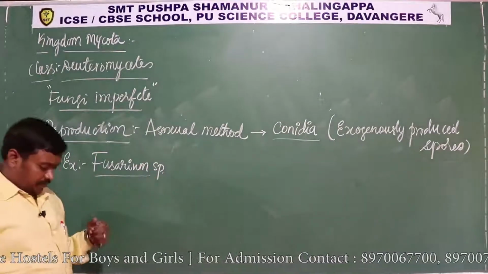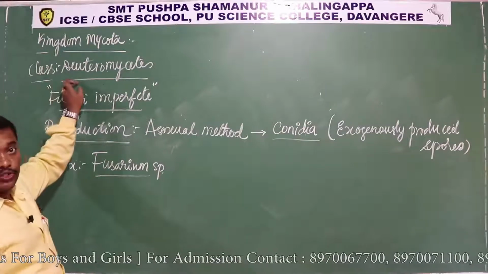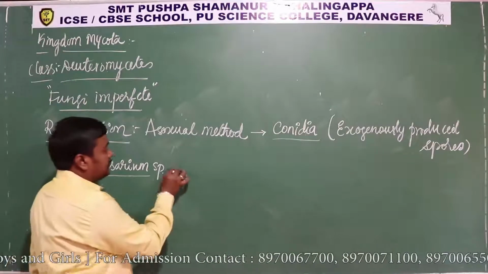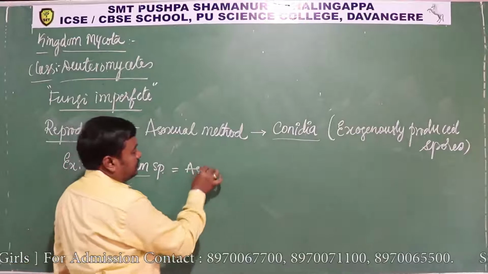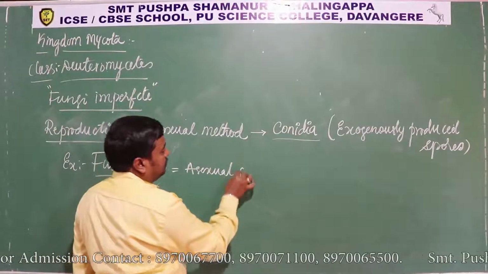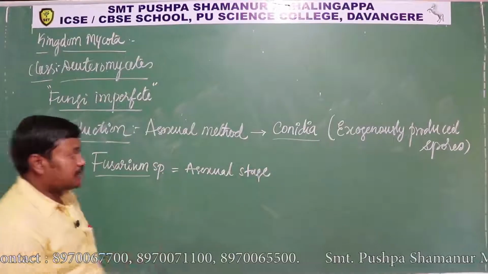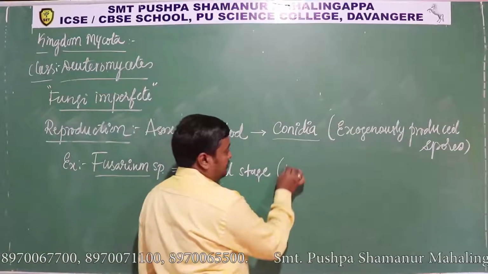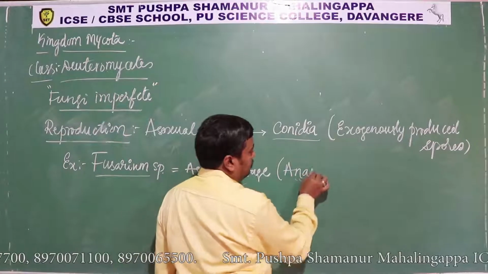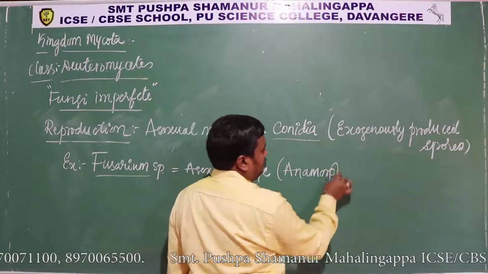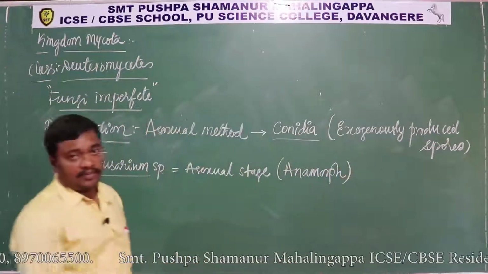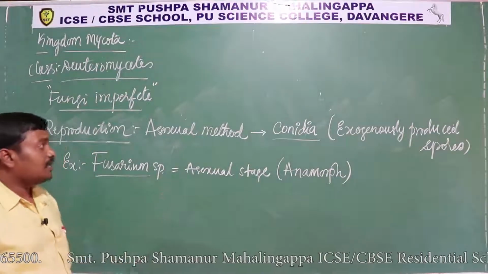This Fusarium species belongs to the deuteromycete, and this is the asexual stage. This asexual stage is also termed as anamorph. We call this anamorph. Asexual stage is called anamorph.